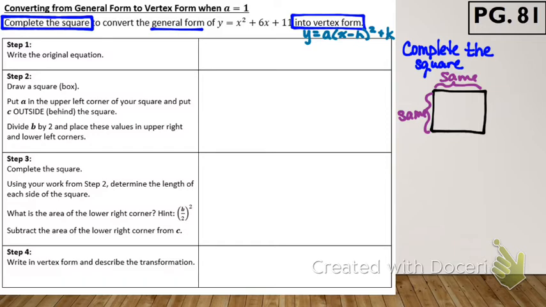To start putting it in that form, I'm going to write my original equation in this box. They gave us one to start with here. So y equals x squared plus 6x plus 11. And I'm going to put parentheses around the a and the b values. These two right here. Here's my A, my B, and my C. I'm on purpose leaving C out.